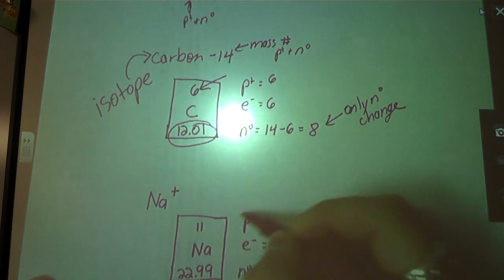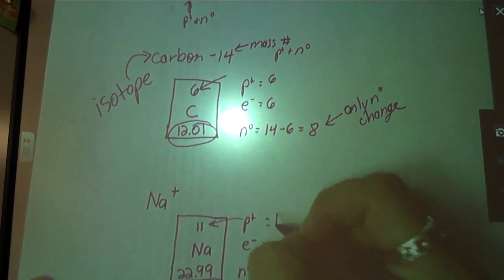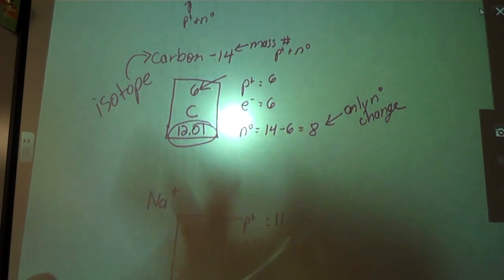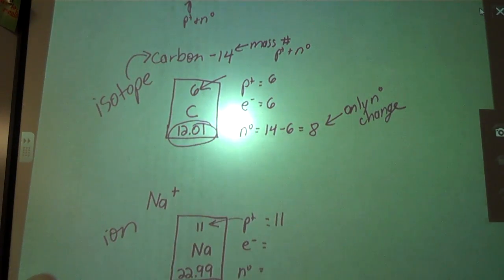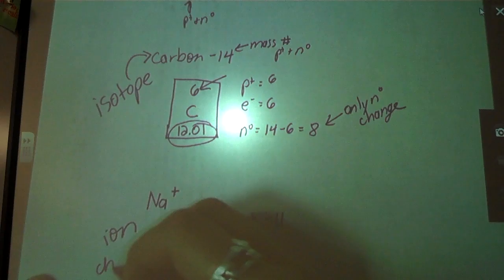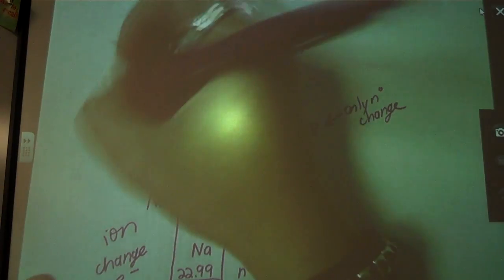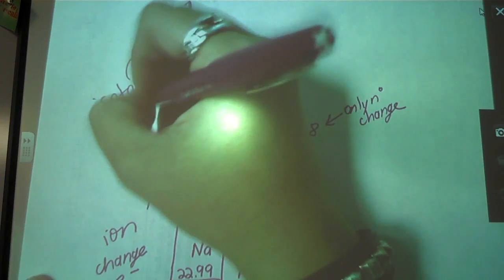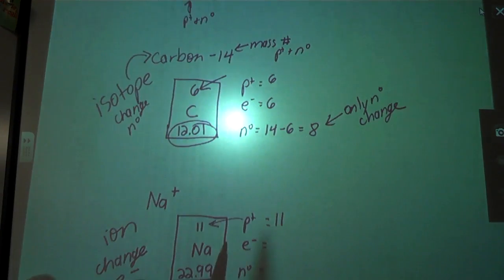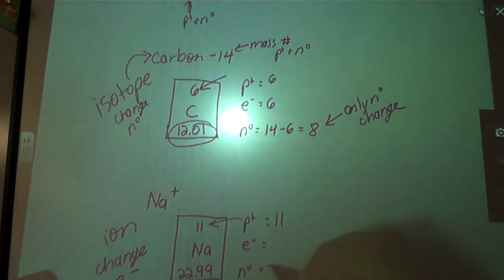It is always this atomic number right here. Since this is an ion, all I'm going to change are my electrons. So for an isotope, we change neutrons only. For an ion, we change electrons only. So let's go ahead and talk neutrons real quick, since that's ordinary. So let's see, 23 minus 11 is what, 12?